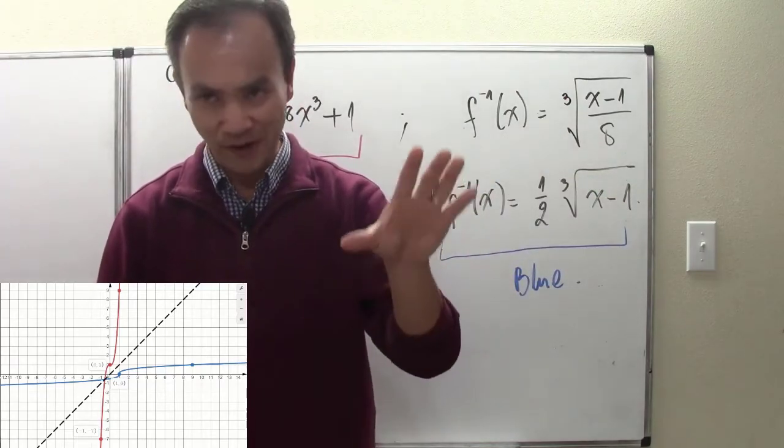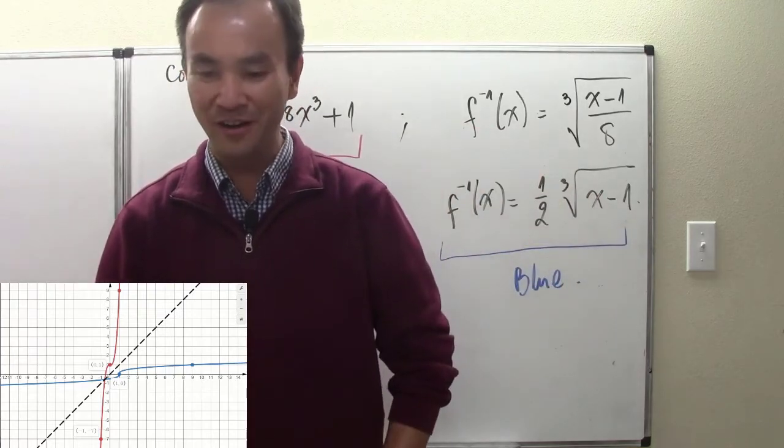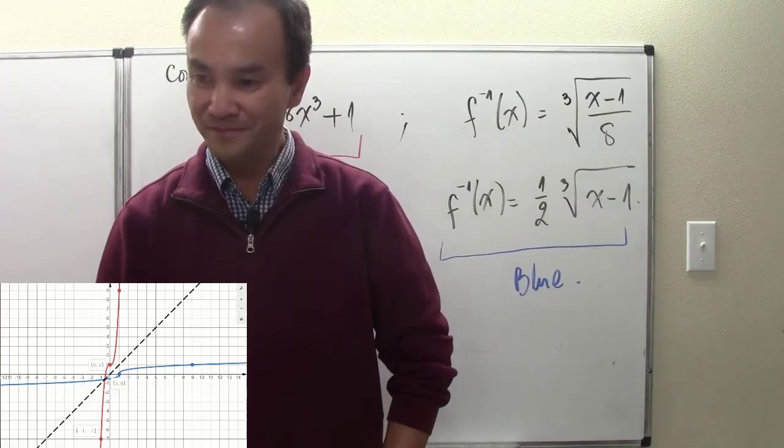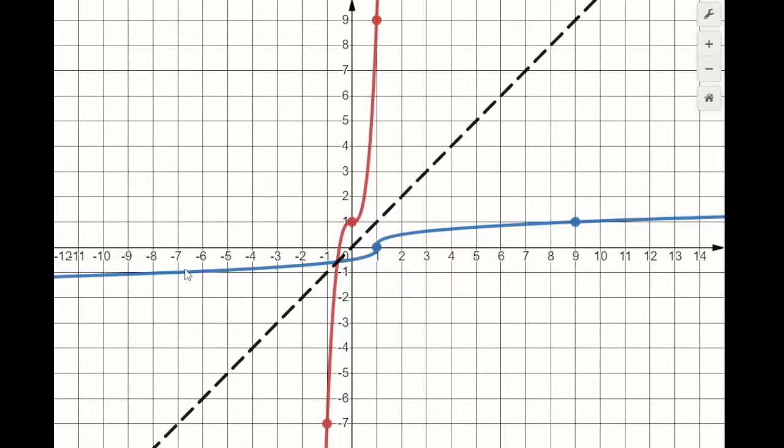For all of us being beginners, let's take things simple that way. I'm going to put a blue point here on my graph at -1, -7, and we can confirm our result that the point should be a mirror reflection of this point right here.